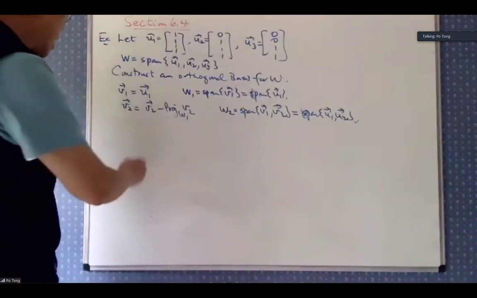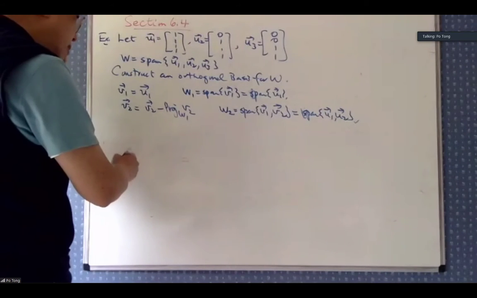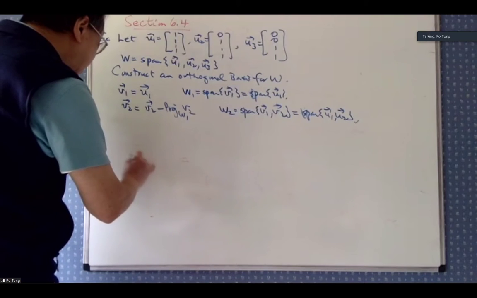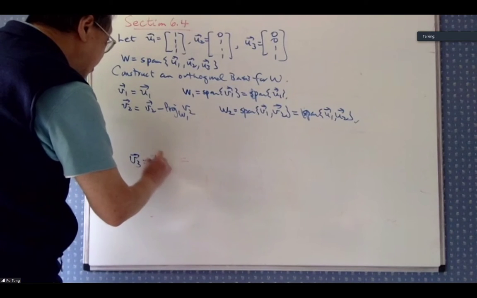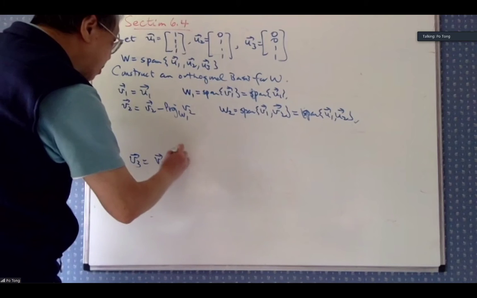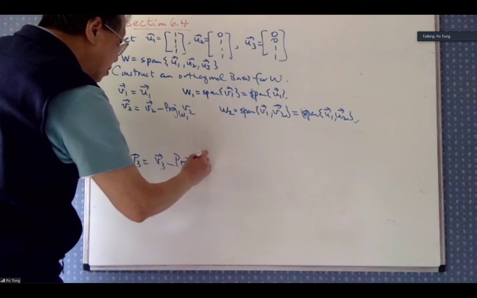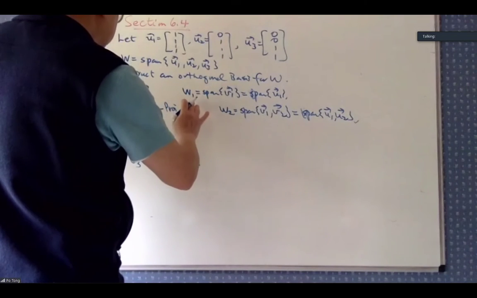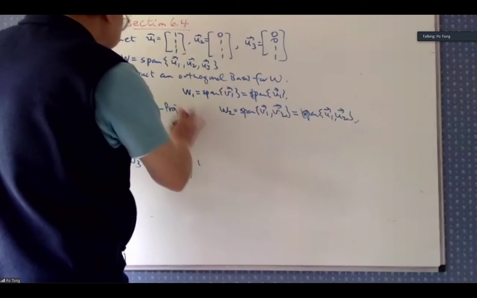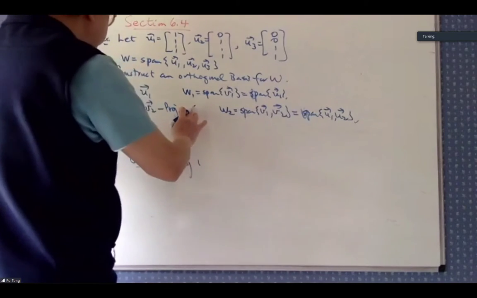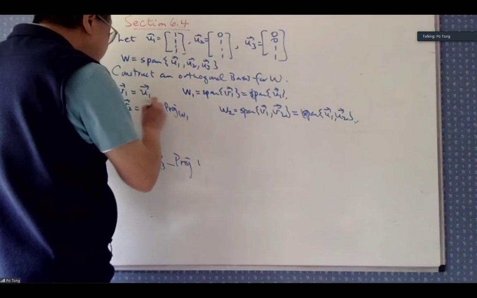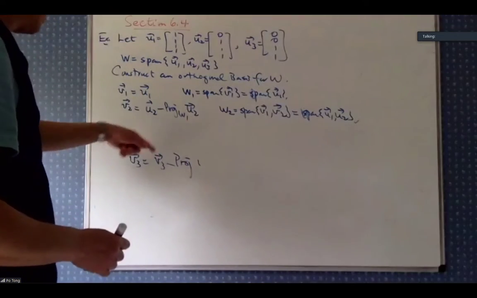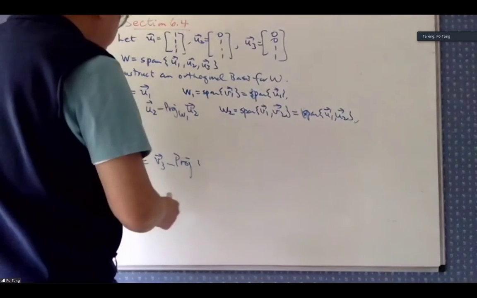And then you do one more time after this step, a similar one. V3 will be equal to V3 minus the projection of this. Sorry, this one is a U. I need to be slightly careful. Okay, this is correct now.